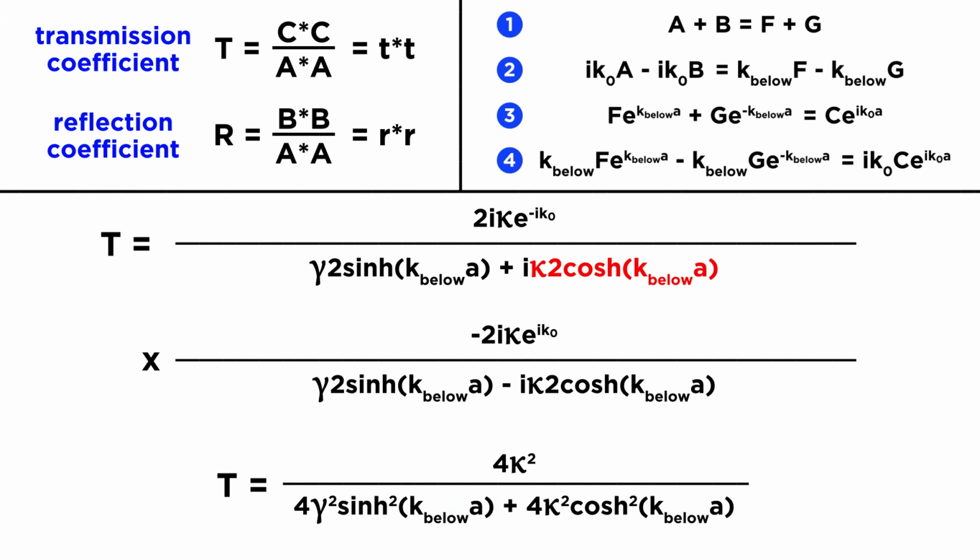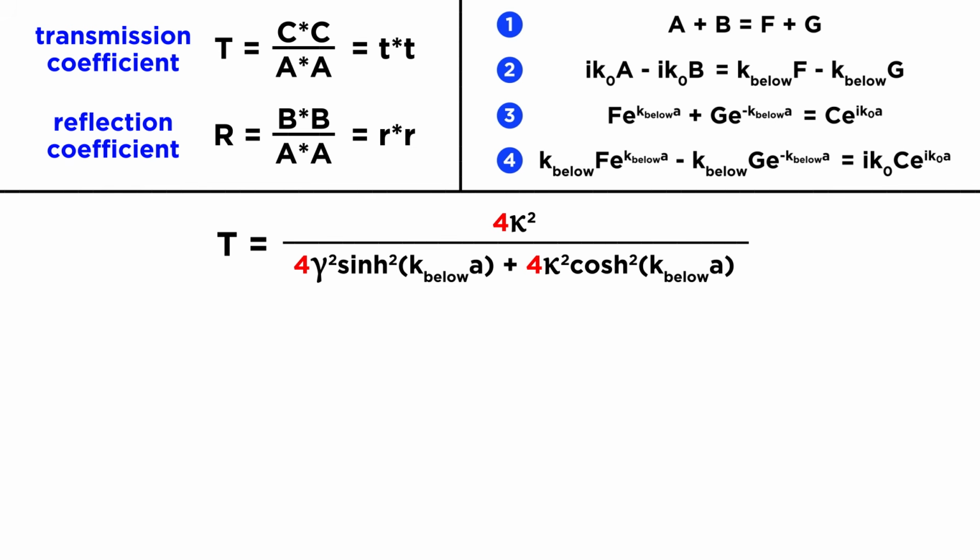And then we add to that the square of the second term without the i in it, or 4 kappa squared hyperbolic cosine squared k below a. In the numerator, the two i's multiply to give -1, which cancels out the negative sign out front, and the exponents on the e terms add together to give 0, which gives us 1 for those terms. This leaves us with 4 kappa squared.